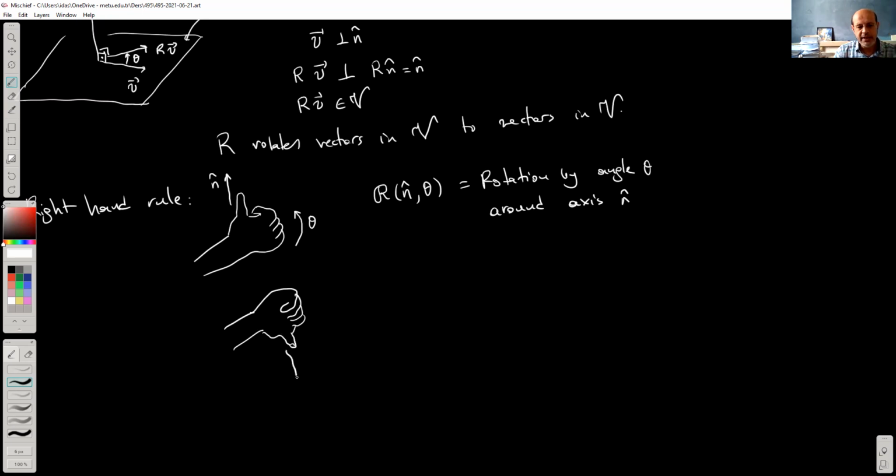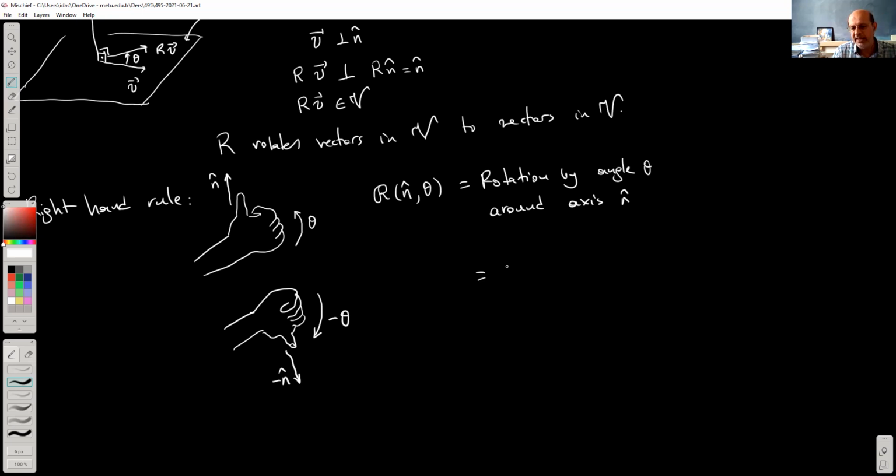So if my thumb shows the other direction, minus n direction, in which case I have to measure the angles along that direction. So as a result, if the rotation corresponds to a positive theta in here, it should correspond to a minus theta in here, right? I'm just going to give one example in here.